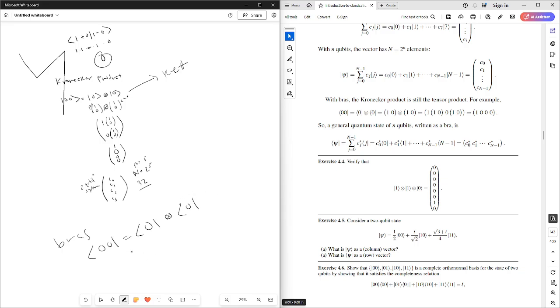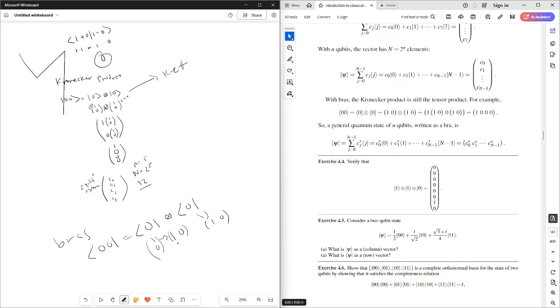So, for example, for these two zeros, the bra is simply the conjugate transpose. So we have 1, 0, that'll turn into a row vector, which is 1, 0. Similar here, a row vector, which is 1, 0. And now we just simply follow the same rules.